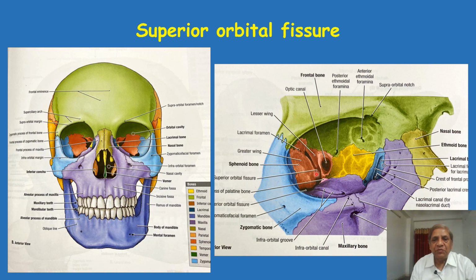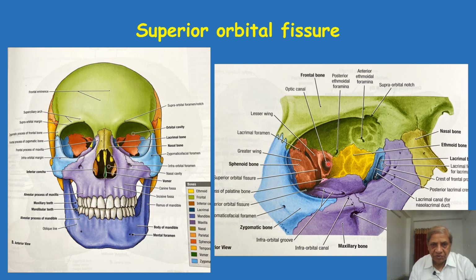This bone in the lateral wall of the orbit is the greater wing of the sphenoid, and this blackish structure, a gap between the lesser and the greater wing of the sphenoid, is the superior orbital fissure. Lower down is the inferior orbital fissure, and this is the optic canal.